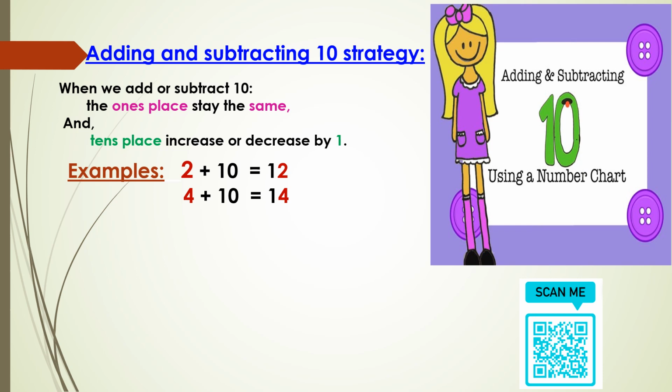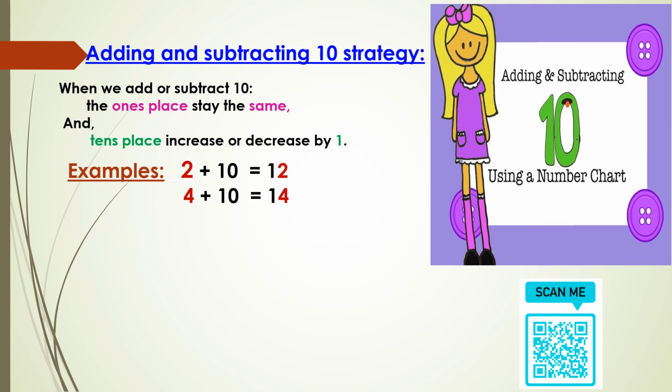And look at the tens place. There is an invisible 0 here. Okay? So 0 plus 1 because it's an addition problem. 0 plus 1 equals 1. So 4 plus 10 equals 14.